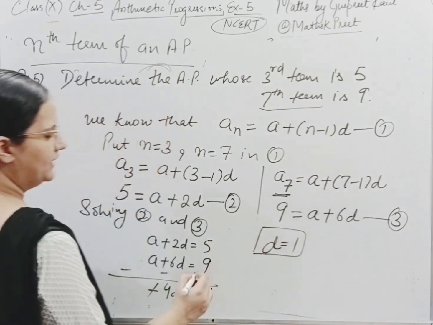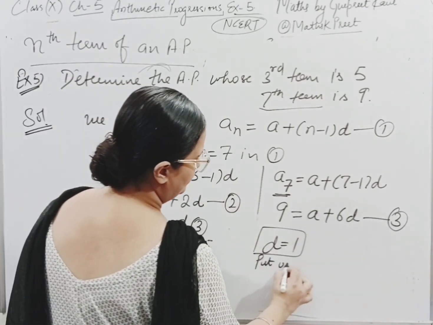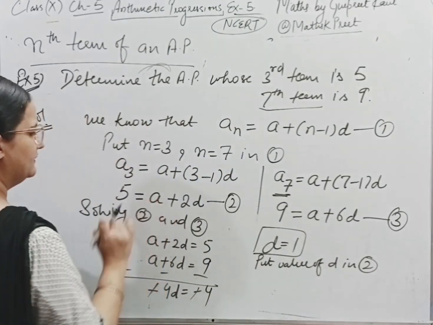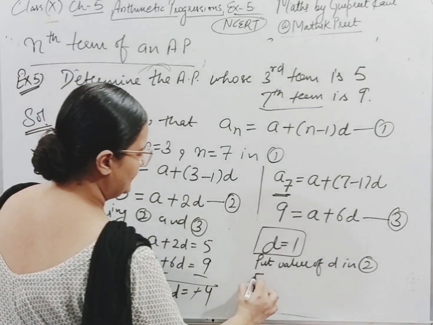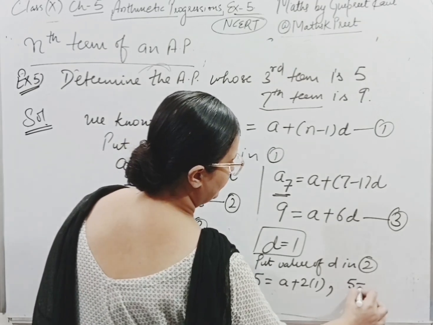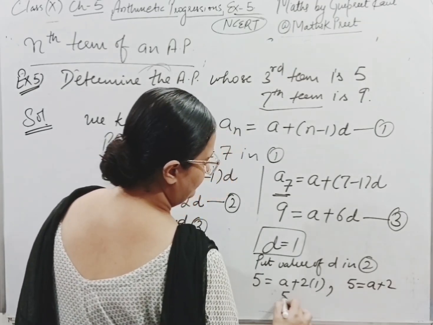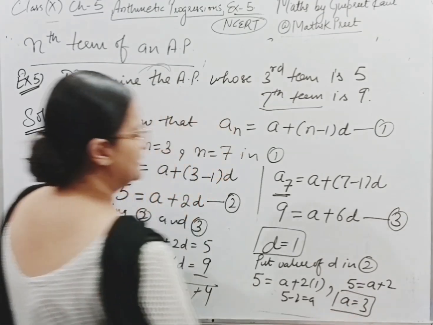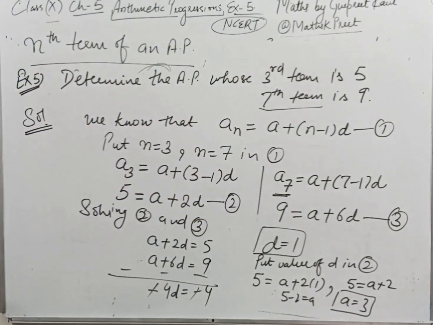Put the value of D in any of the equations, say number 2. I'll get 5 is equal to A plus 2 into 1. So 5 is equal to A plus 2. So 5 minus 2 is equal to A. The value for A is 3. This is the value for A and D: 3 and 1.